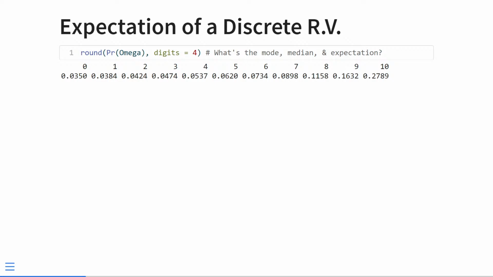And then the question we need to get clear to ourselves: what is the mode, what is the median, and what is the expectation for the random variable that is the number of pins knocked down on the first roll of a frame of bowling, if these are our probabilities. So let's start with the first one. What is the mode?